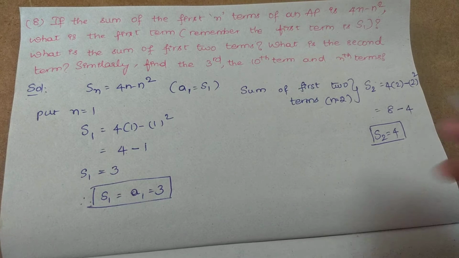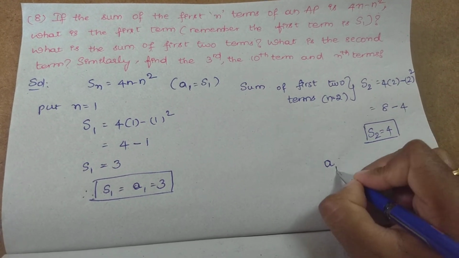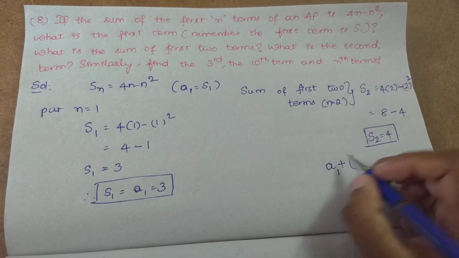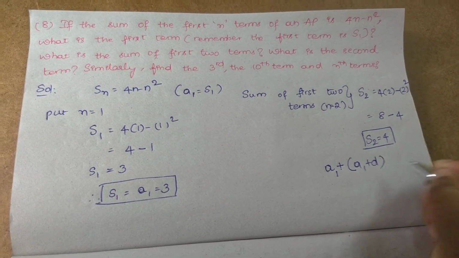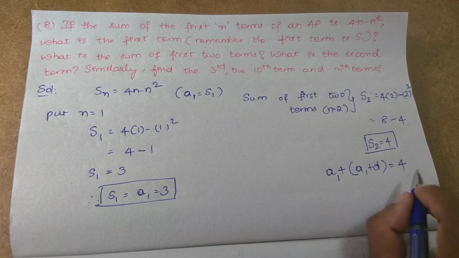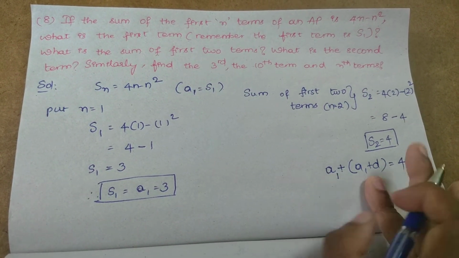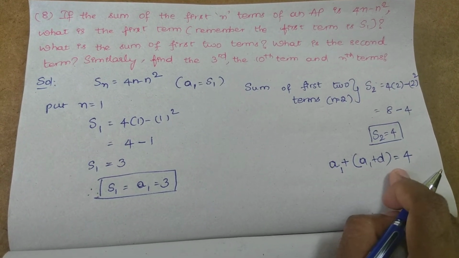This can be written as: the first term is A1. What is the second term? The second term is the first term plus the common difference. Sum of the first two terms means first term plus second term equals 4.